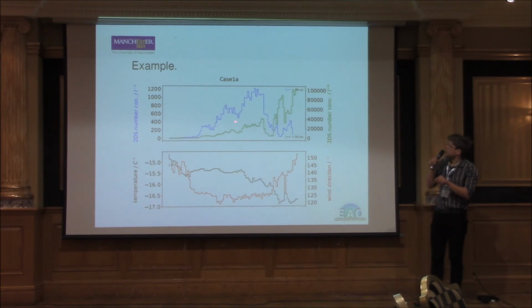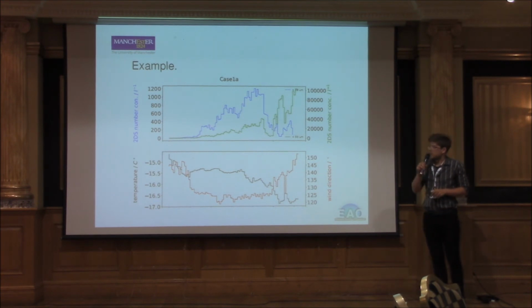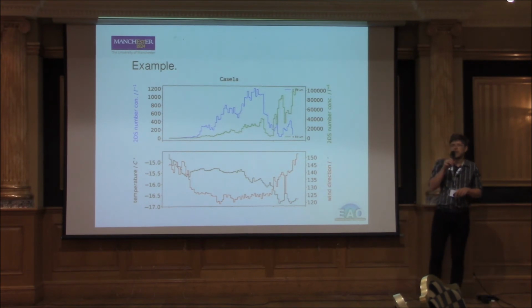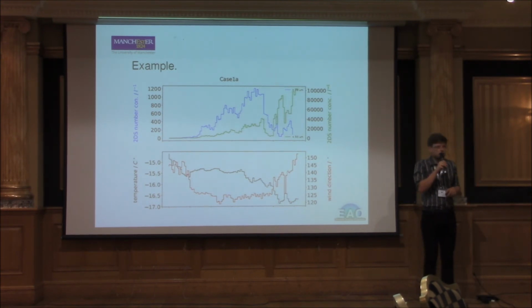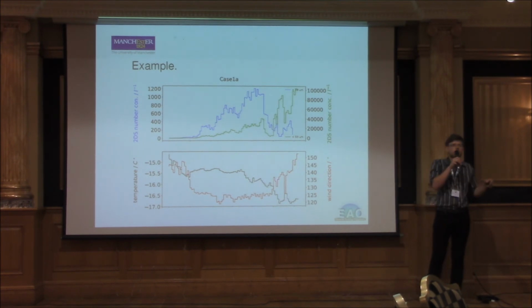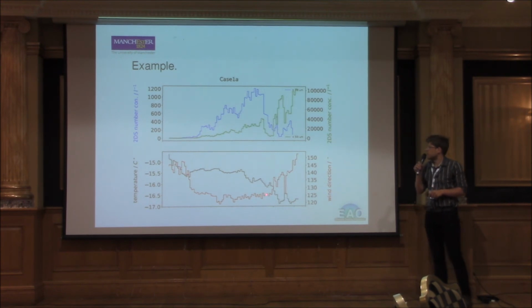As we can see, we have three steps in the number concentration of ice particles, and then at the end of the case, a decrease again. Similarly, we have an increase of liquid water droplets and a decrease again at the end. Just to show you that the fluxes I'm going to show on the next slide are not coming from a change of the overall system, such as a change in the wind speed or temperature, I also plotted the temperature in red on the bottom.